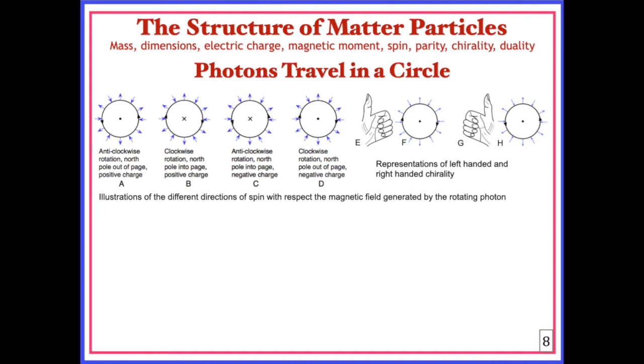Look at diagrams A and H. They are both anti-clockwise rotation with a north pole represented by the dot pointing out of the page. Now look at G and form your right hand into the same shape. Twist your hand until your thumb is pointing at you. It is now pointing in the direction of the North Pole, and your fingers are pointing in the anti-clockwise direction of rotation. In this convention, they represent a positive charge, say a positron.